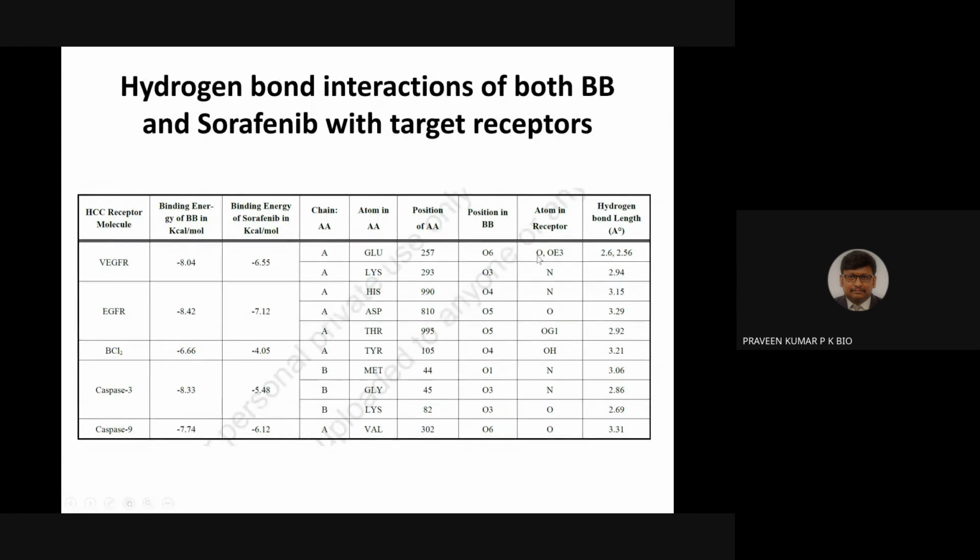One hydrogen bond is shared with O of glutamic acid 257, and another hydrogen bond is shared with OE3 of glutamic acid 257 of chain A. And the hydrogen bond lengths are 2.6 angstrom for O6 to O, and 2.56 angstrom for O6 to OE3.